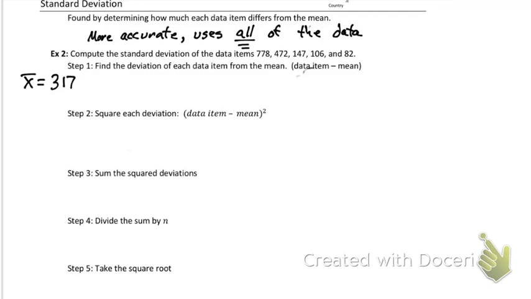Now what we're going to do is take each one of those data items and subtract 317 away from it. So we're going to calculate 778 minus 317. We're going to do 472, and subtract 317 away from that. Then we're going to take 147 and subtract 317 away from that. We're going to do 106, subtract 317 away from that. And finally, we're going to have 82, and subtract 317 away from that.